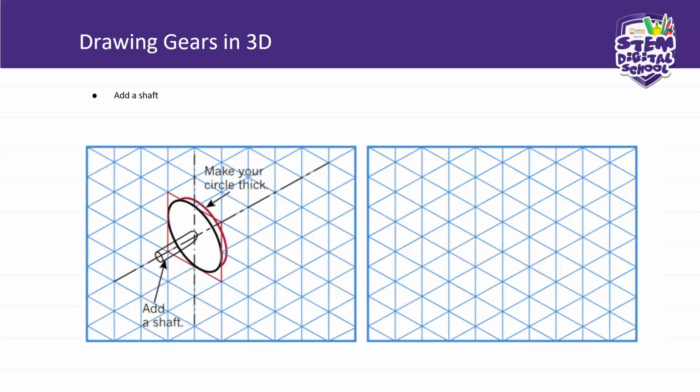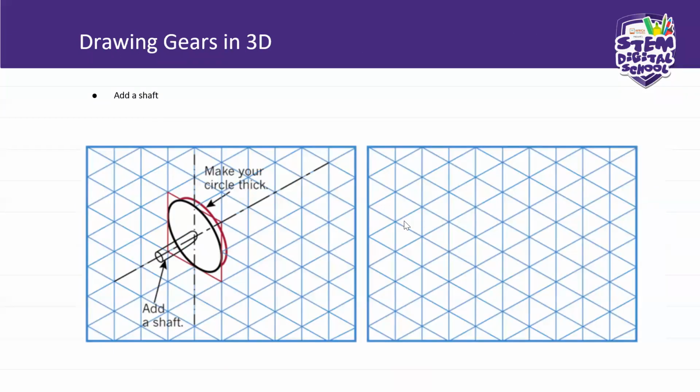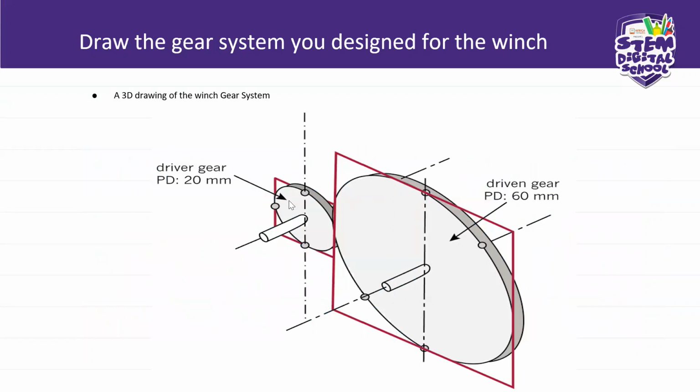And then for practice, you do this other gear, this bigger gear. The way you drew this small gear is the same way you're going to draw this big gear. You have your vertical broken chain line there, and then a slanting broken chain line.